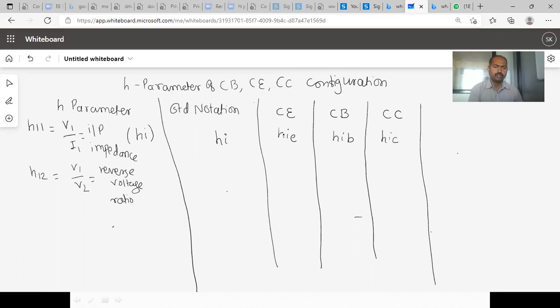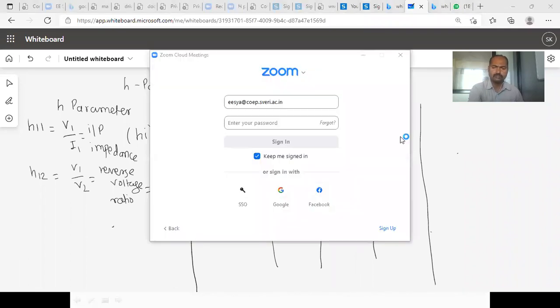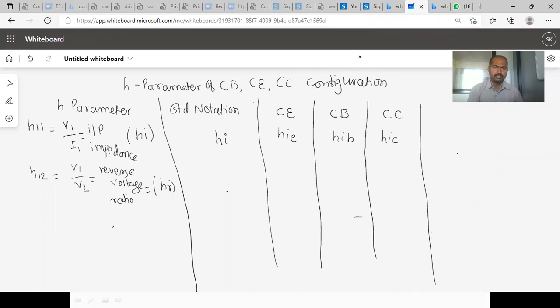H is common, reverse for R, HR. So H12 is the reverse voltage ratio, which is HR. So the standard notation for it is HR.